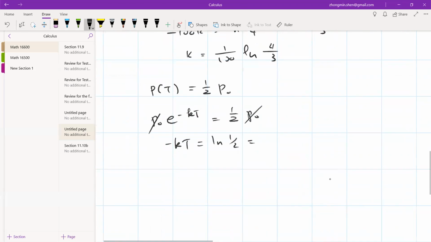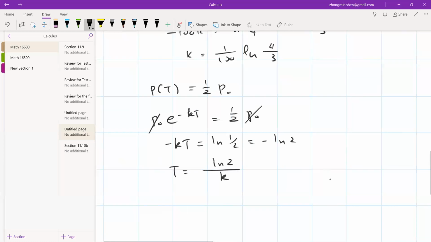Natural log of 1/2 is negative natural log of 2, so the half-life is natural log of 2 divided by k. Why derive it again? Because I forgot the formula. Some of you may have memorized the relationship between half-life and k, but I did not, so I just took a few seconds to derive it.